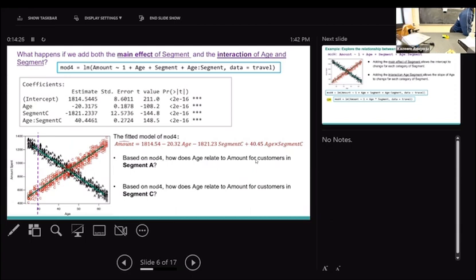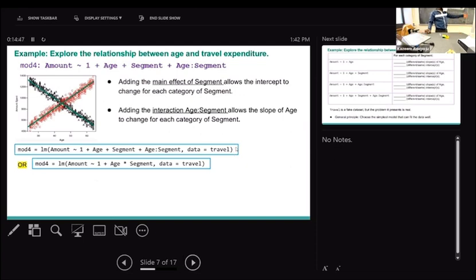The slope is going to go from negative 20.32 plus 40.45, which means this intervention allows both slope and intercept to change. Does that make sense? And that's exactly what we have. And of course, that was why I made this conclusion.